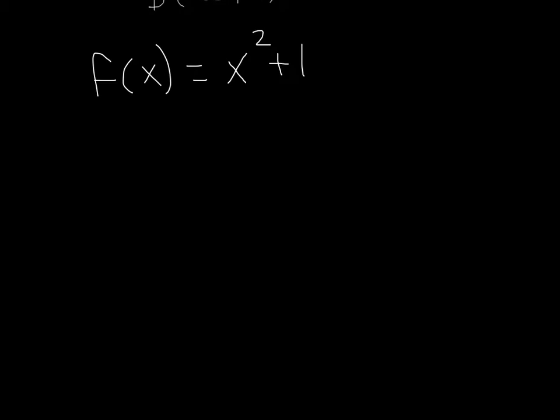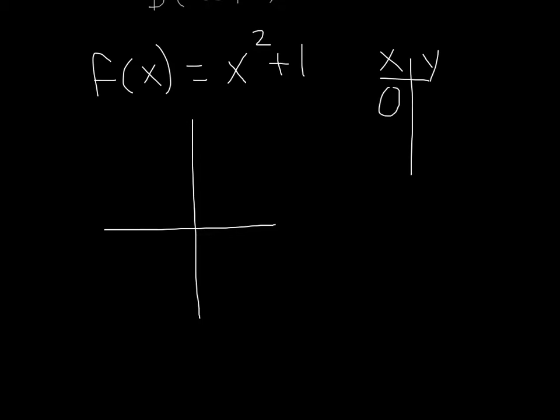So what we have is this x squared tells you it's the shape of a parabola, and if we make a t-chart just to guess where some of the points would be, plug in 0, you get out 1. That's the point right here. Plug in 1, you'd get out 2. Negative 1 would also give you 2. So what we see is this is a parabola that's been shifted up 1.